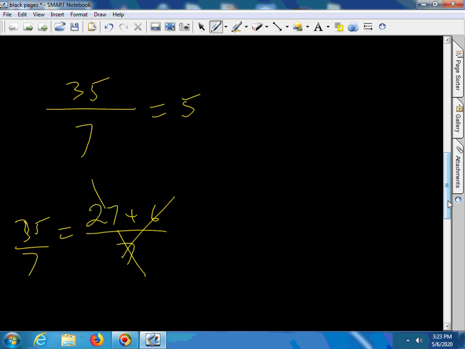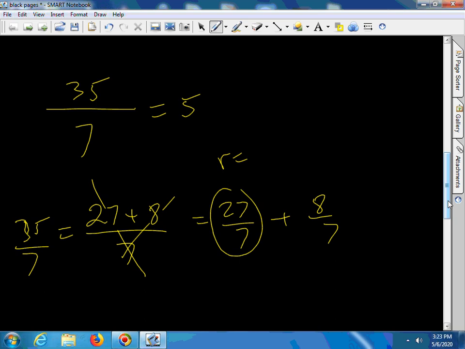Let's say 27 and 8. Now, if you do this, 27 over 7 plus 8 over 7, well, in here, the remainder is 6. And 7 into 8, the remainder is 1. And when you add the remainders, you get what you're dividing by. And that's pretty neat. And it has to be.